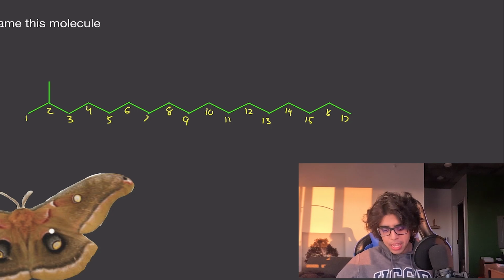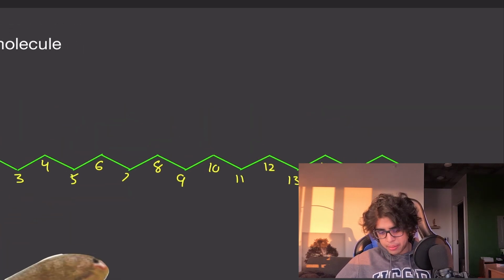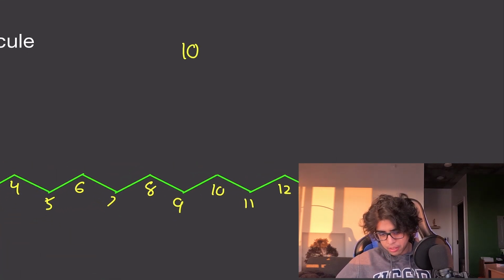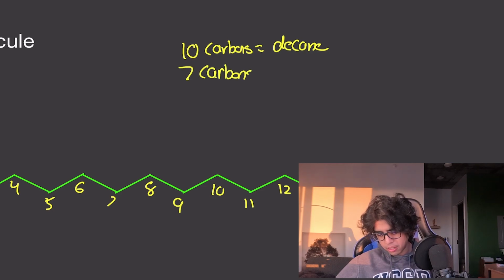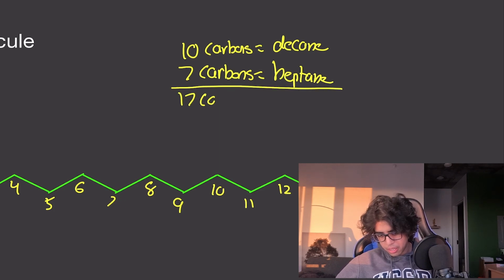Well, think about this. If 10 carbons equals a decane, and 7 carbon atoms equals a heptane, if we combine both of them, 17 carbon atoms equals a heptadecane.